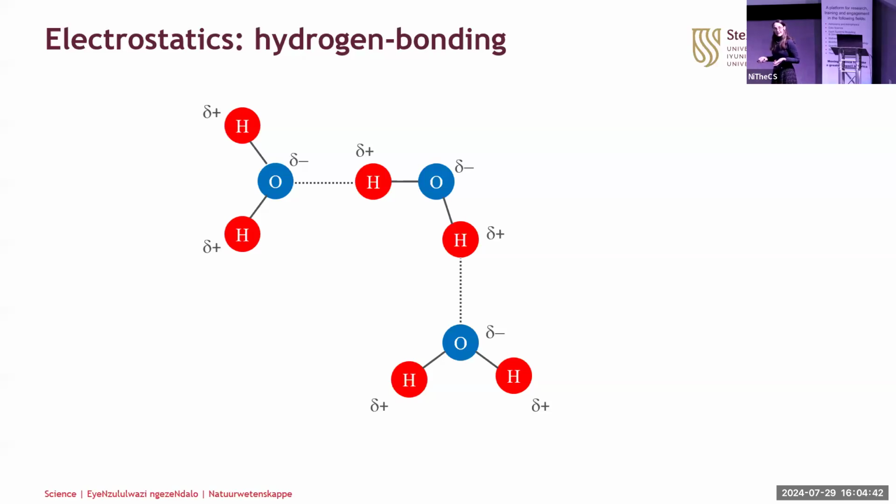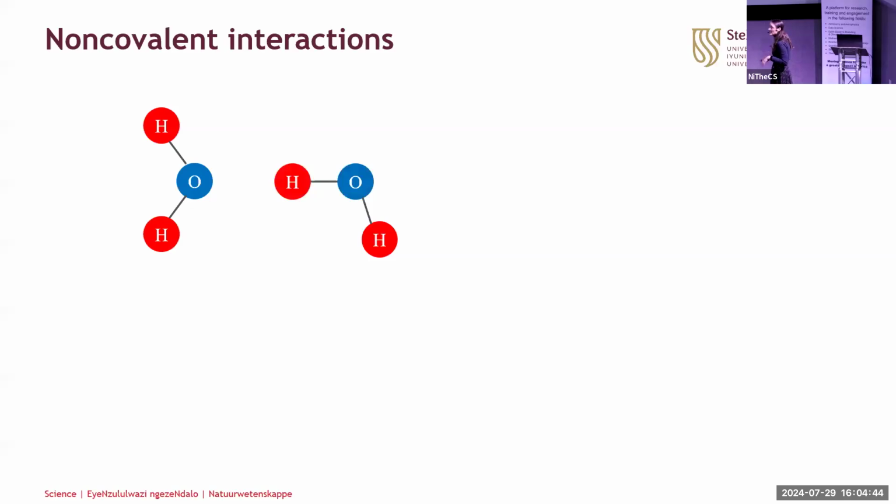But when you get a little bit further on in your studies, you learn that it's not just about the negative and positive part of the water that is pulling these molecules together. There are other factors that play a role. The reason for this negative charge on the water is that there is a lone pair of electrons on that oxygen.